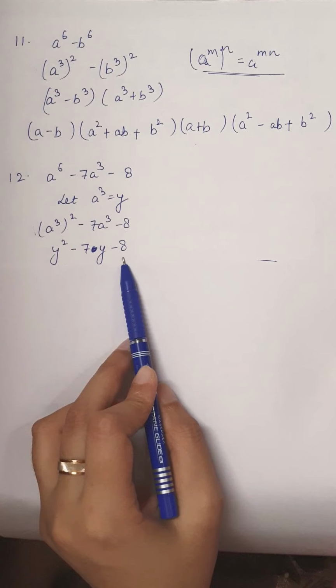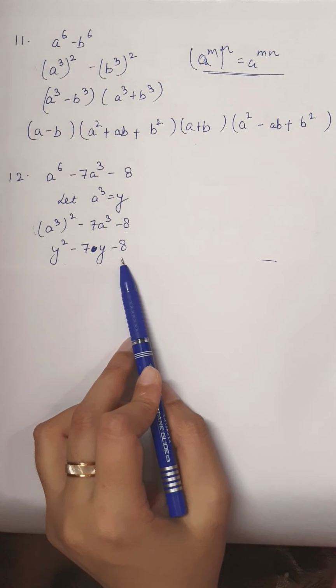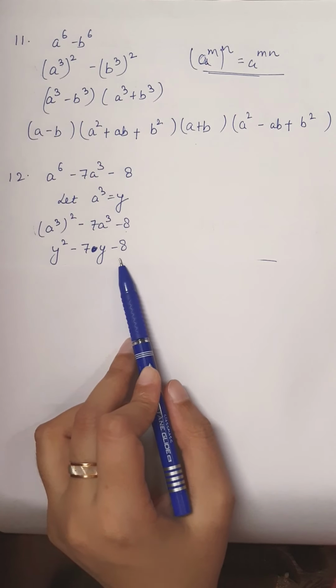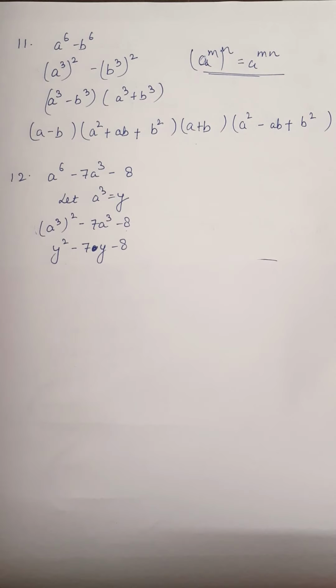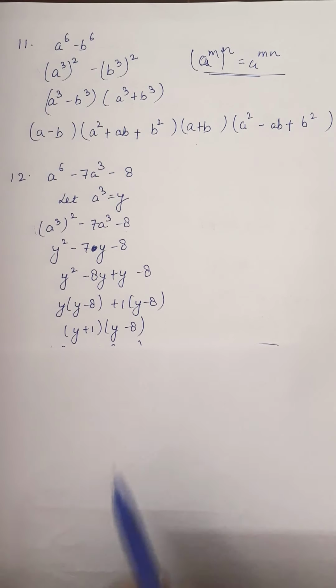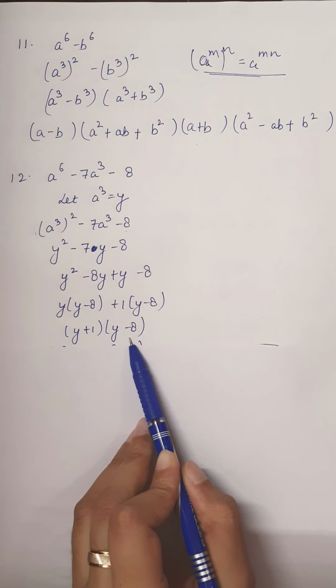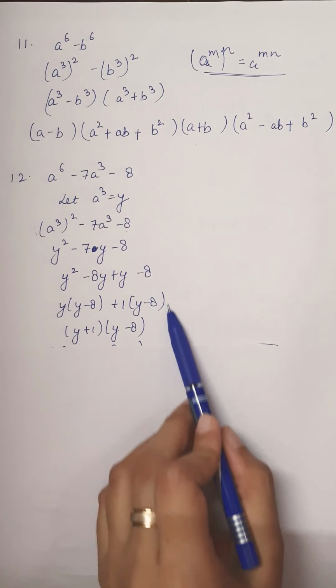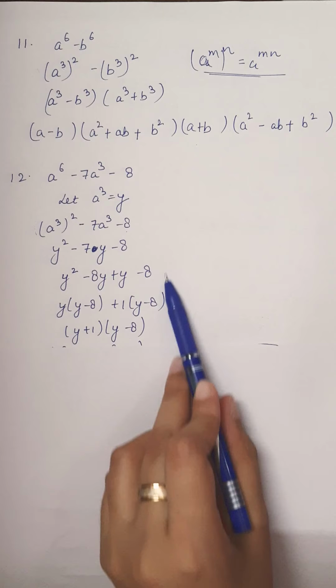Now since you all know how to split the middle term, pause the video and solve it yourself right now. I hope you all have solved. So you can check your factors, y plus 1 and y minus 8. This content was done in second exercise.